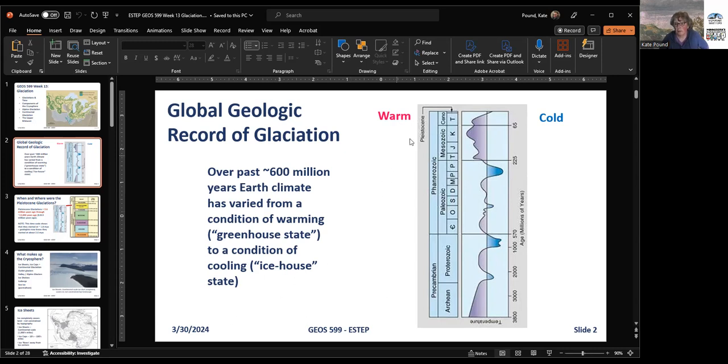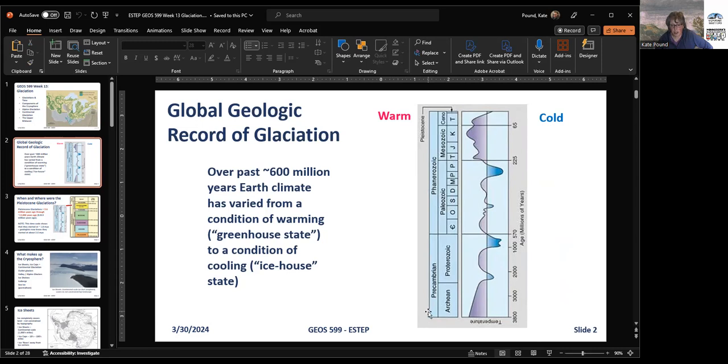Now, let's move over to the diagram at the right. On the right-hand side is cold, so that would be our icehouse conditions. And on the left-hand side is warm, in other words, our greenhouse conditions.